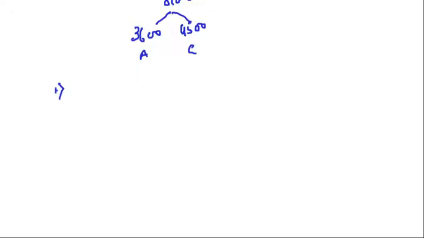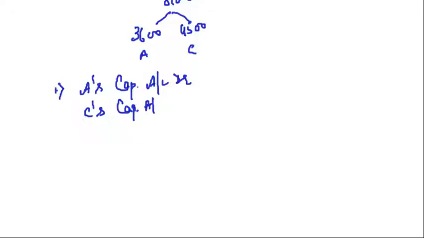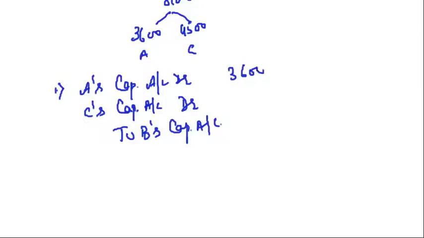The first journal entry will be A's capital account debit, C's capital account debit to B's capital account, because A and C are liable to pay B. For that, we debit the capital accounts of A and C and credit B with 8100.